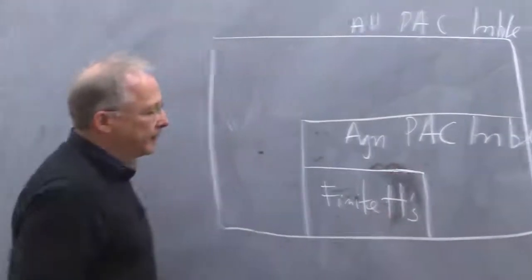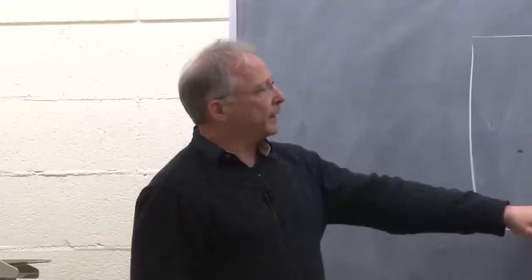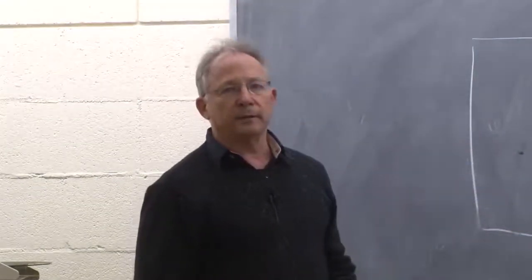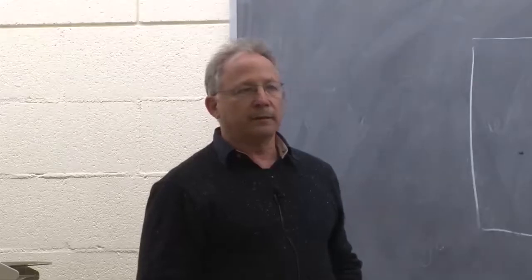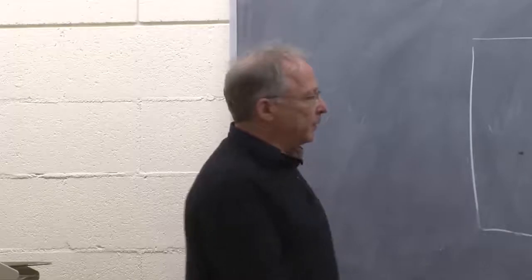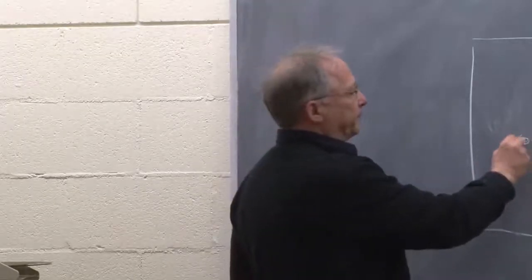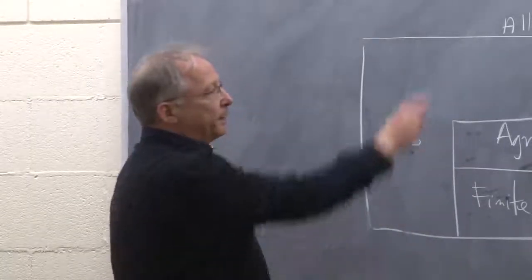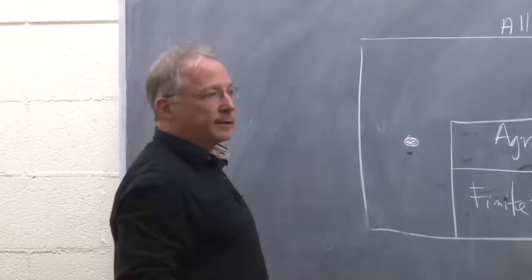So have we seen a class which is not finite but is PAC learnable? The threshold. Last time you saw a class that sits here. You showed that it is PAC learnable in the realizable case.